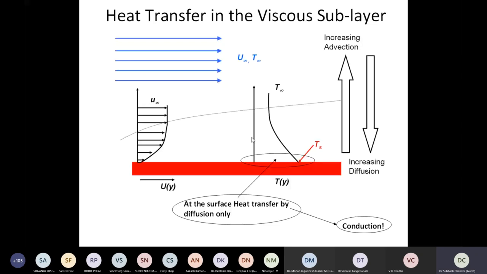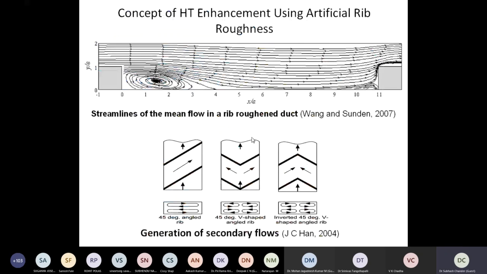So now, from the earlier discussion, we came to know that we have to trip that laminar sublayer for enhancement of heat transfer. For that, we put some roughness elements, and what those roughness elements are doing is deflecting the flow and again allowing the flow to strike the surface.